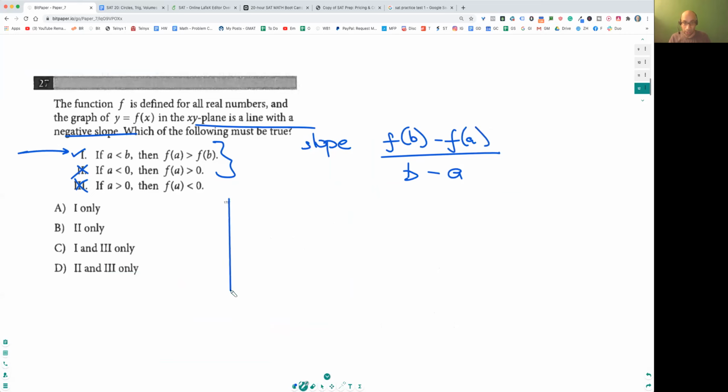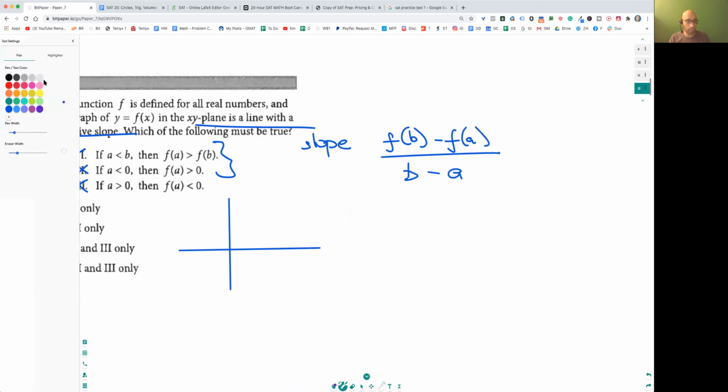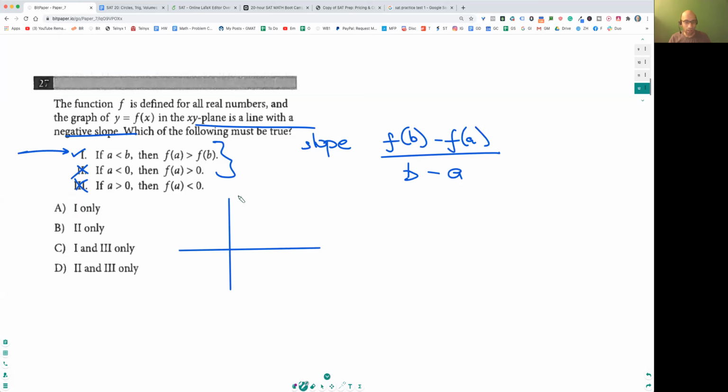So think about two lines. There's one line, I'm going to draw it over here, and we're going to explain it a little bit more. Remember that these questions are relatively rare, but think about one line which is going like this. Let's call this line y equals negative x plus 1.